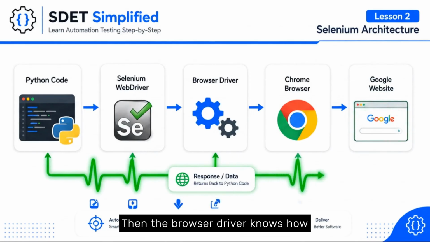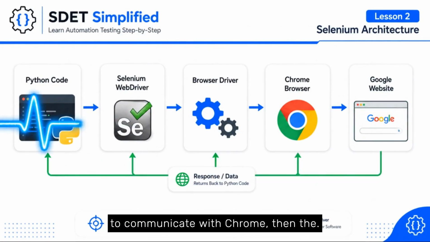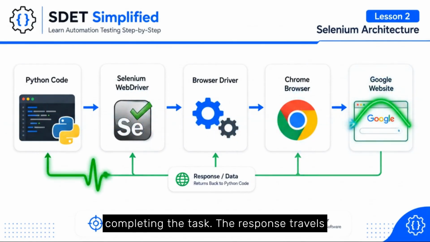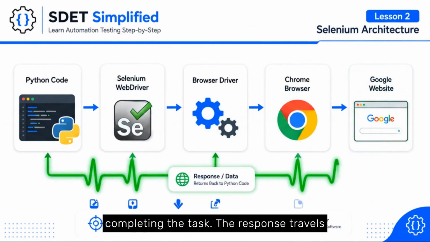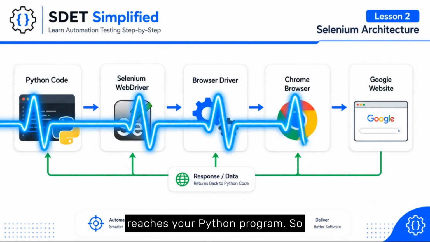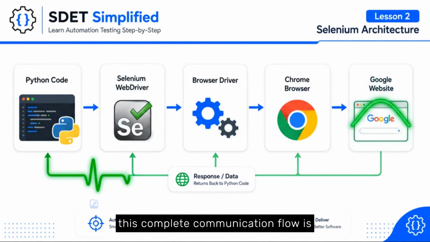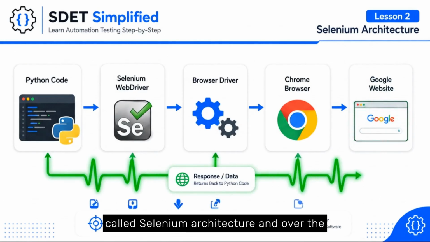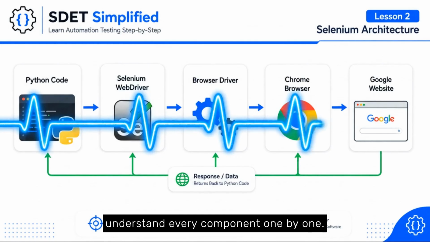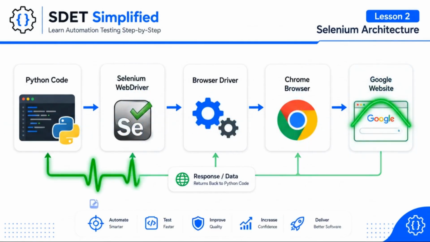Then the browser driver knows how to communicate with Chrome. Then Chrome performs the requested action. After completing the task, the response travels back through the same path until it reaches your Python program. So this complete communication flow is called Selenium architecture. And over the next few minutes, we are going to understand every component one by one.